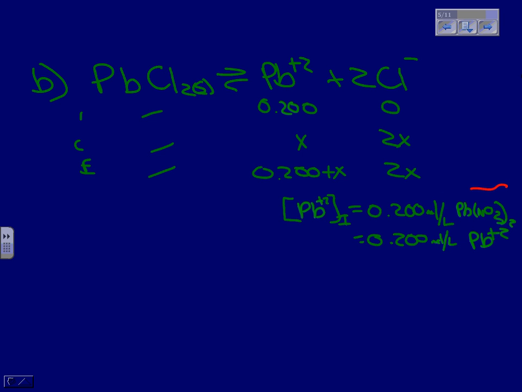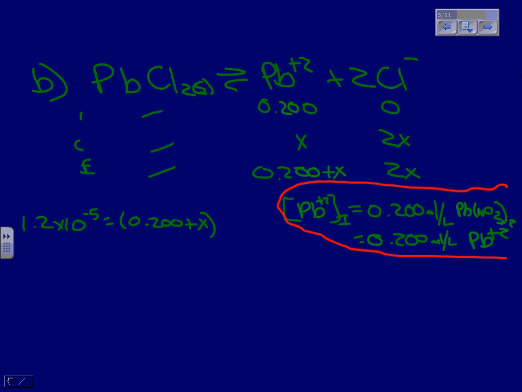I'm just going to isolate this little calculation here from the others so that we can continue with the solving. We're going to solve it the same way. The K, which was 1.2 times 10 to the negative 5, is equal to 0.200 plus x times (2x) squared.